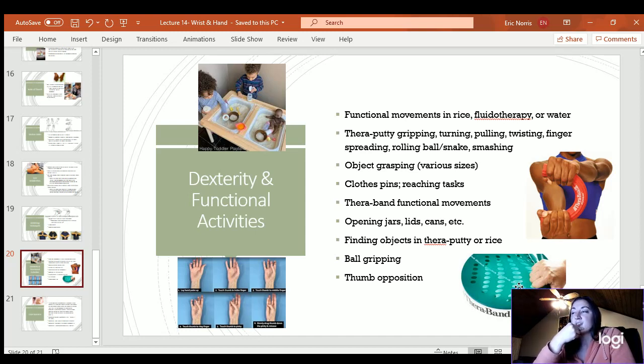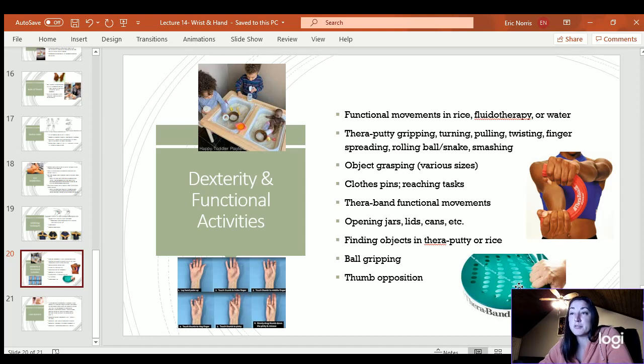I think it's called a grip ring. But if you just have a regular Theraband, you can make it into a small circle and open, or you can hold it right here. I would just recommend a very light Theraband because your hand strength is nothing like some of the larger areas of your body.